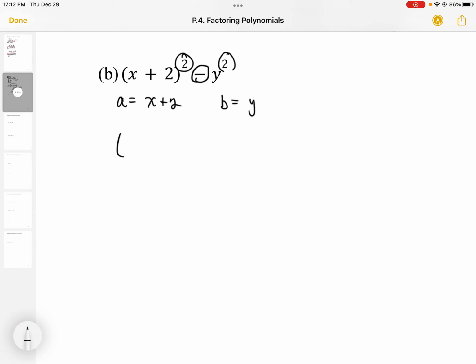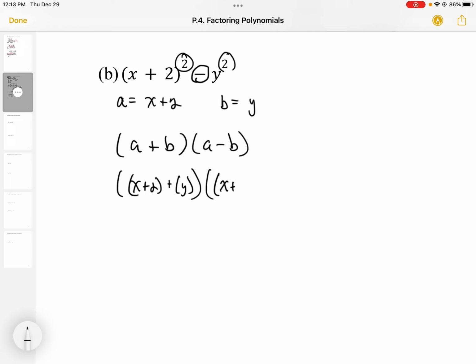So we're going to factor this as a plus b times a minus b. So a is x plus 2, I'm going to put that in parentheses, plus y, and this is x plus 2 minus y.